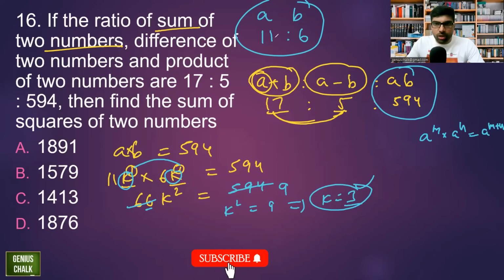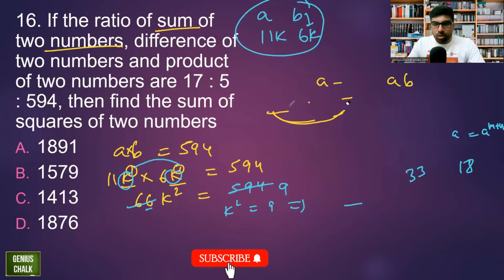If k is equal to 3, what is the value of A and B? A will be 11 into 3, that is 33, and B is 6 into 3, that is 18. Eventually the question is asking you to find the squares of the two.